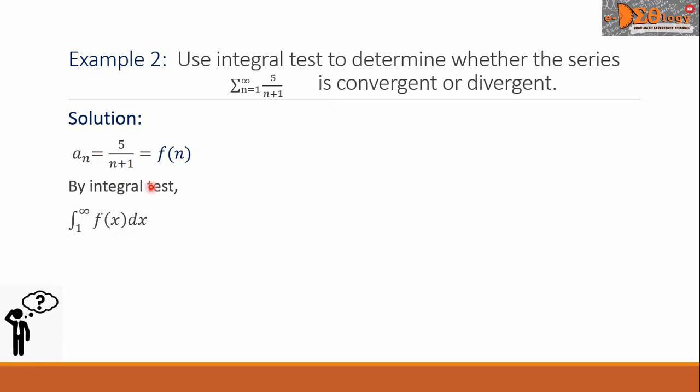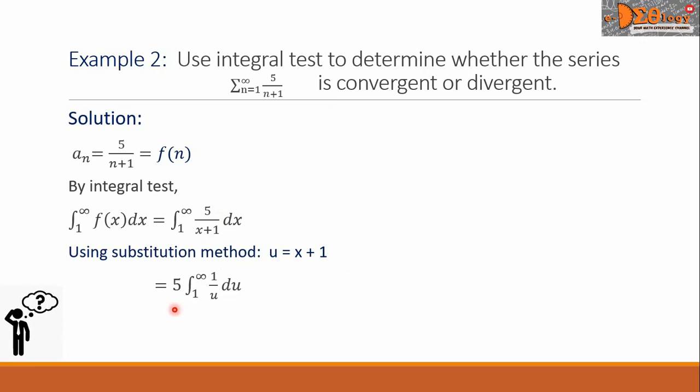Considering the fraction here, we will now write the integral from 1 to infinity of the fraction 5 over the quantity x plus 1, then dx. Using substitution method, we let u equals x plus 1. So this integral will be 5 times the definite integral from 1 to infinity, 1 over u times du.